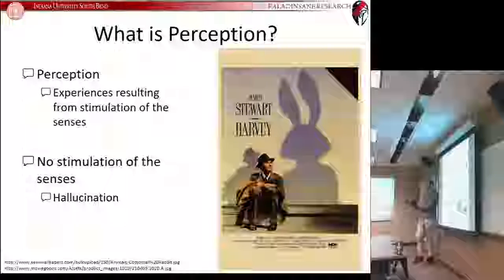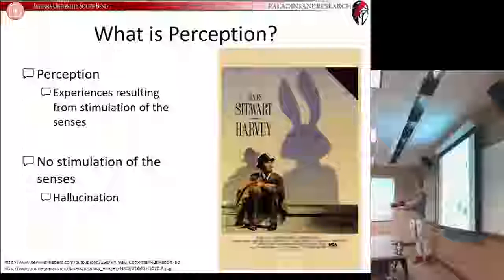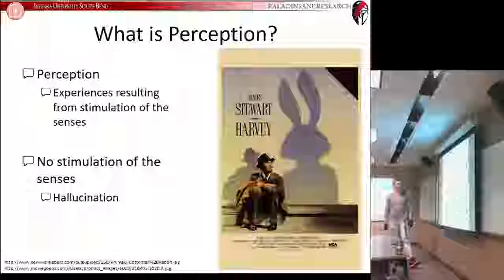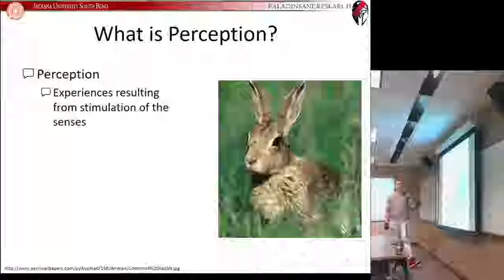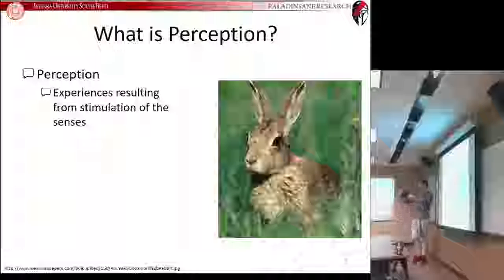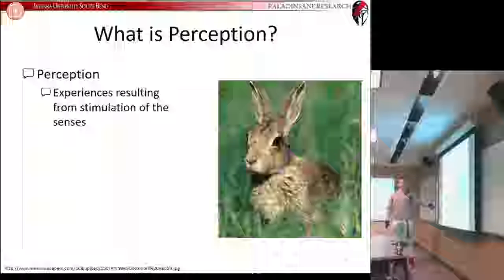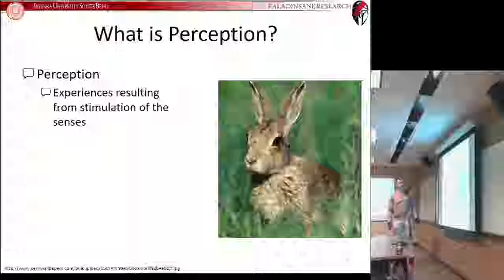So if it's not from the external stimulation of the senses, then we call that a hallucination, and that is a completely different area. But if you get it from stimulating the senses, then that falls into the realm of perception, which is what we'll be looking at for a couple of weeks.